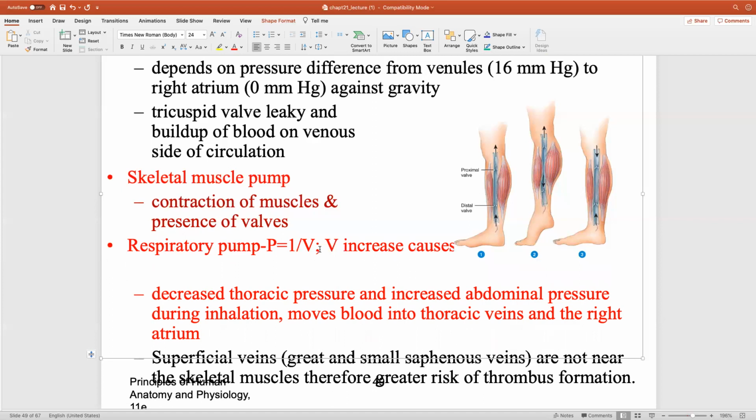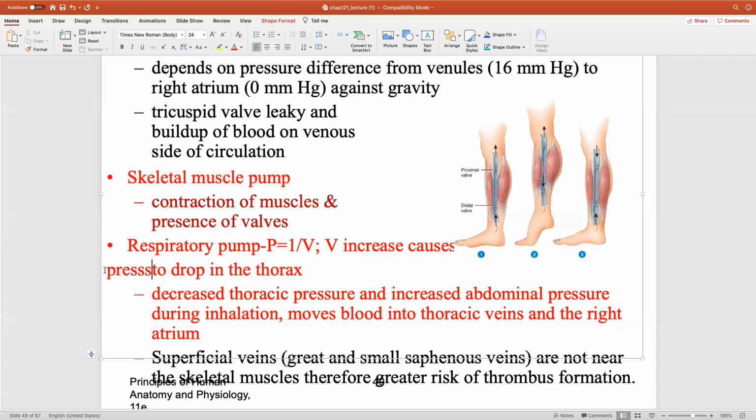So as we take a deep breath, the respiratory pump will favor movement of blood from the abdomen, from the inferior vena cava to the right atrium because of this. As you take a deep breath, the volume of the thorax increases, which causes pressure to drop in the thorax.